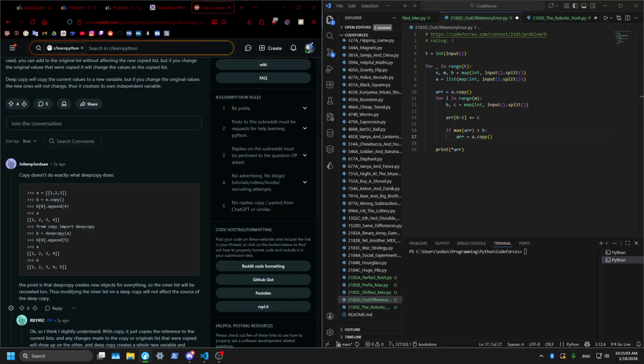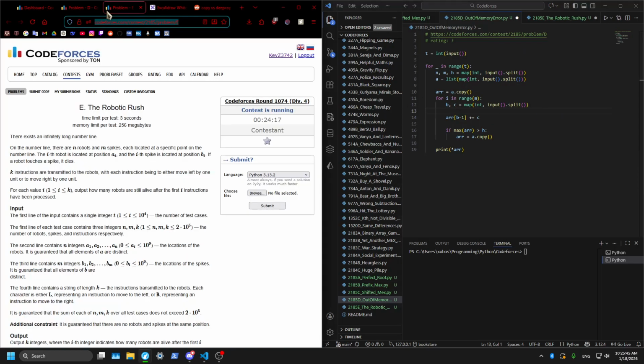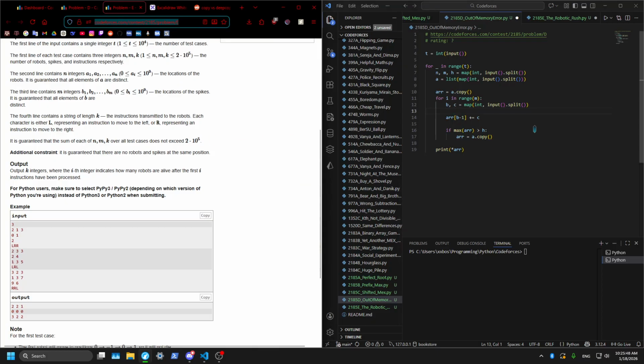And then, let's see. B is the index to modify.